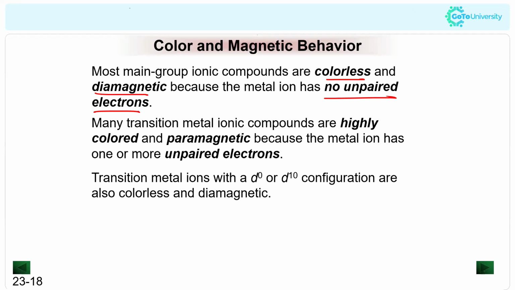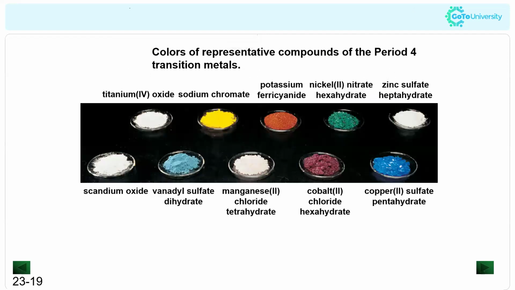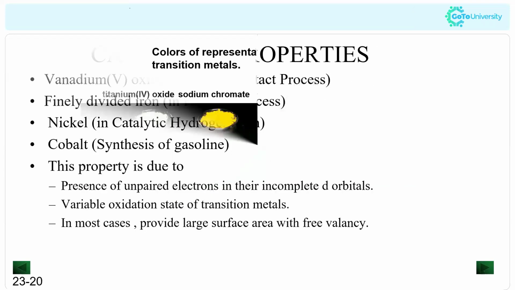Based on this, we can classify the compounds having d0 to d10 configurations into paramagnetic and diamagnetic as well. Here we can see some salts of these 3d transition series elements. All of them are colored, right? From the diagram itself it is clear they have different colors because of the d block, meaning partly filled d orbitals.